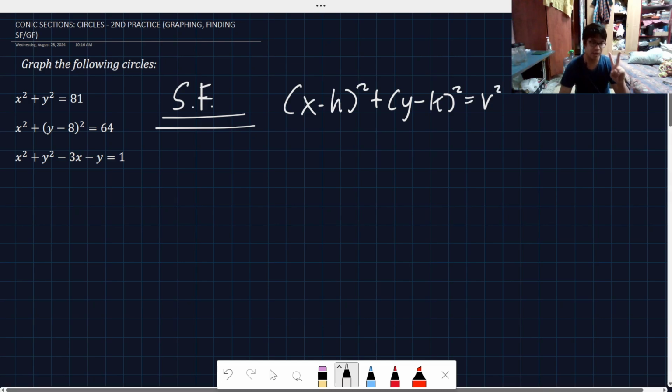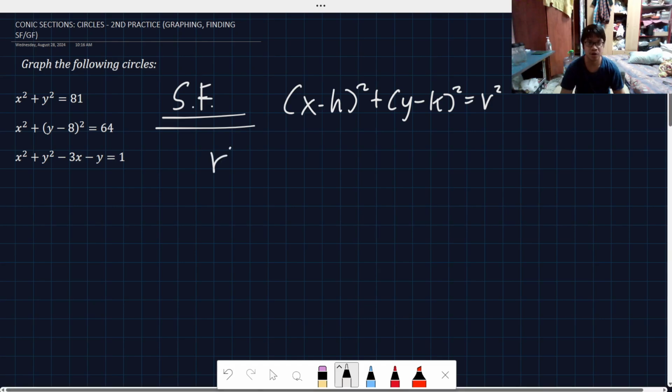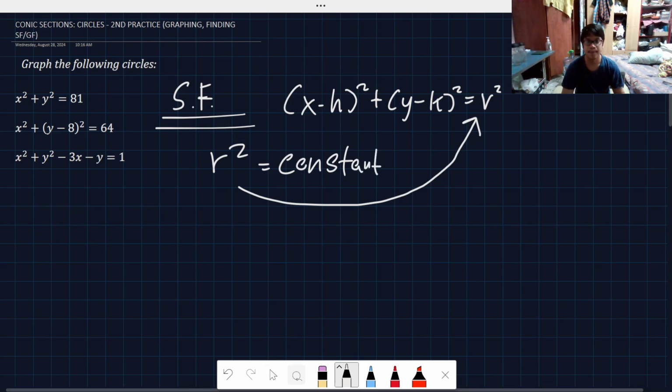Another thing you need to be aware of is your r squared. R squared is located on the right side of your standard form. It is basically a constant number.